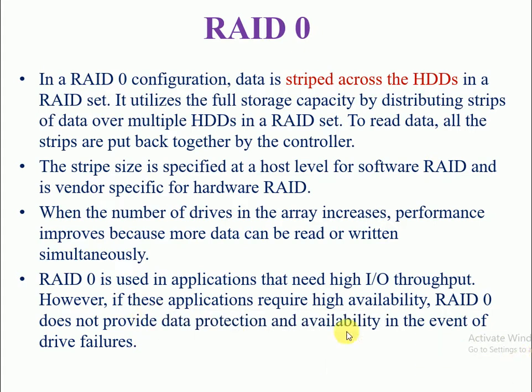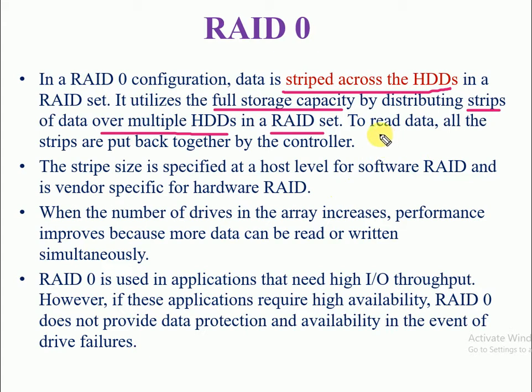In this mechanism, RAID 0, it utilizes the entire storage capacity by distributing the strips of each disk over multiple hard disk drives in the RAID set. That means the entire storage capacity is dealt with through the different strips associated with all the hard disk drives.